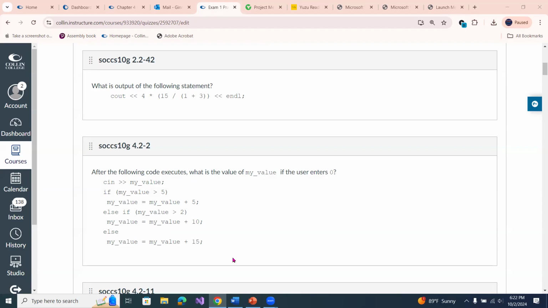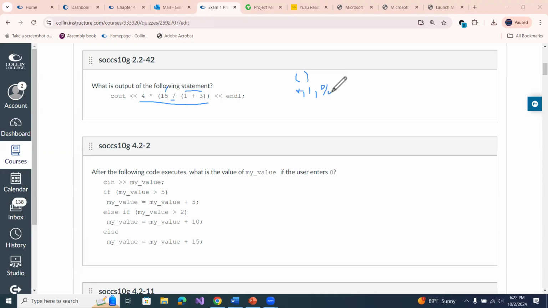Okay, so there's going to be some questions on the test that have to do with order of operation. It's also looking to see if you know what happens when you divide and you have an integer and an integer on this side. So with order of operation, we're going to do the parentheses first. After parentheses, you're going to do multiplication, division, and modulus.